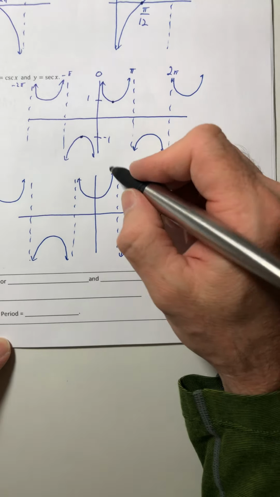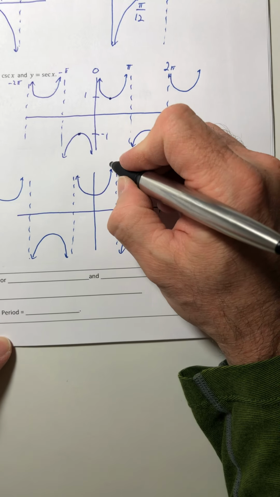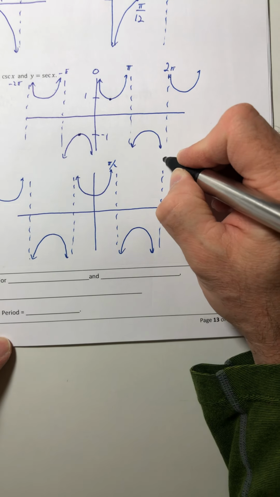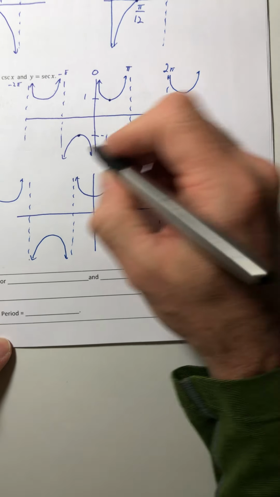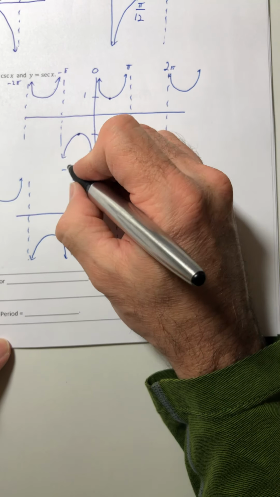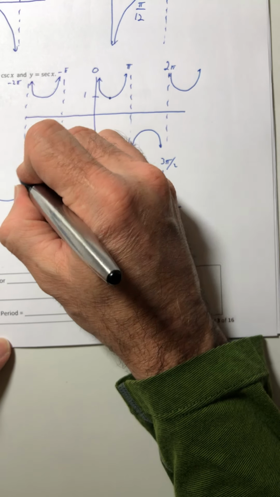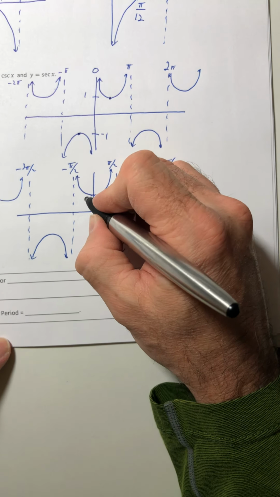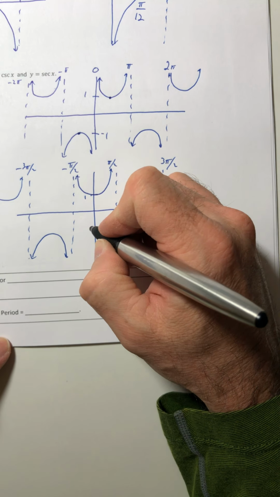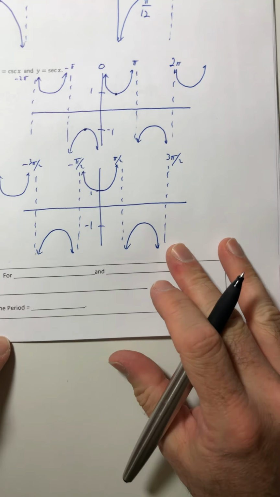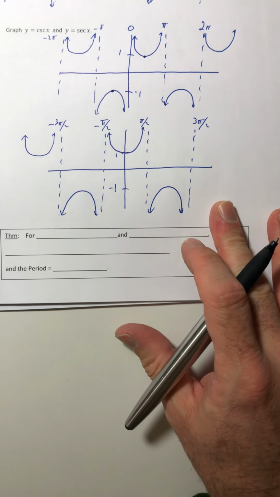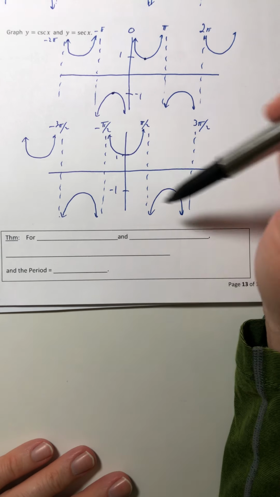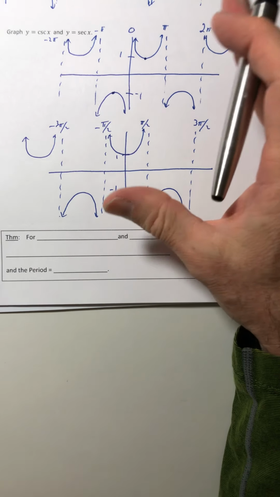So just like that. So the asymptotes of secant are the same asymptotes of tangent. So pi over 2, 3 pi over 2, any odd number pi over 2. And then just like cosecant, it stays out of the region between negative 1 and 1. So they look rather complicated and scary, but they're not actually that bad.